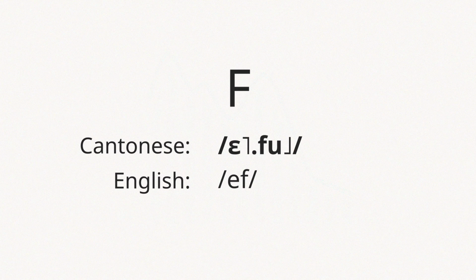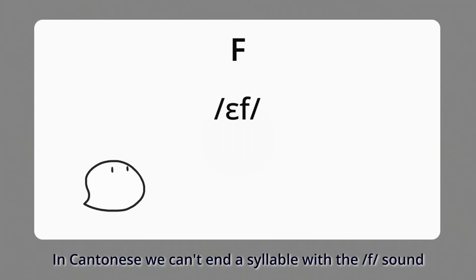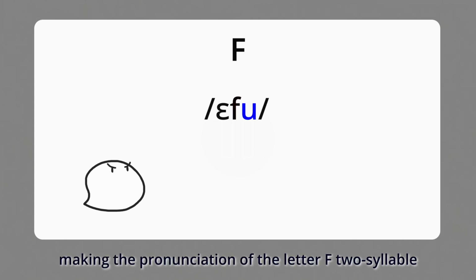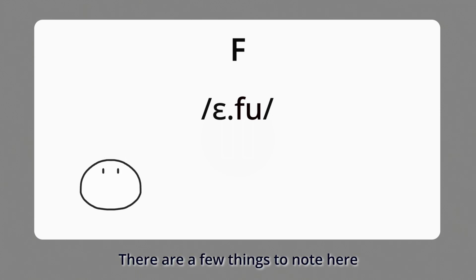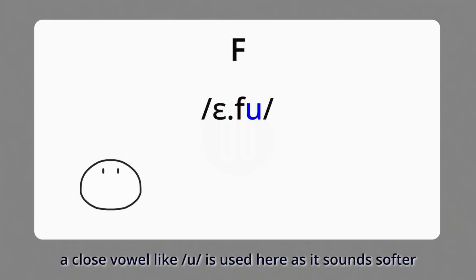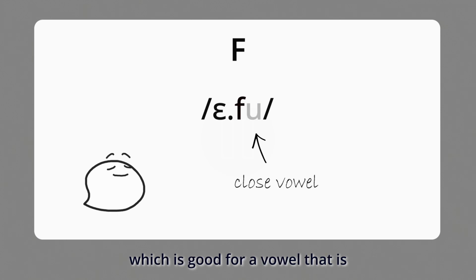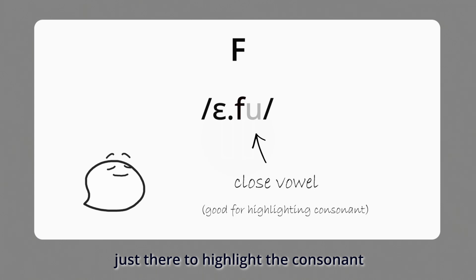F. In Cantonese, we can't end a syllable with the F sound, so we need to put the vowel after that, making the pronunciation of the letter F two-syllable. There are a few things to note here. First, a closed vowel like U is used here as it sounds softer, which is good for a vowel that is just there to highlight the consonant.